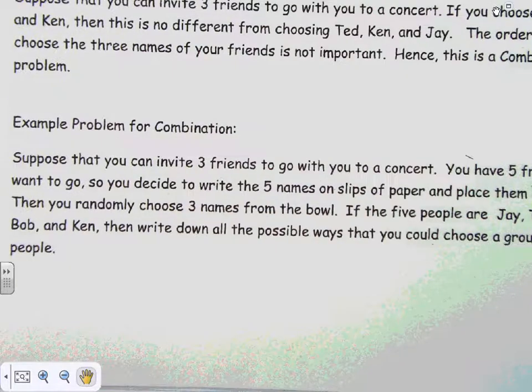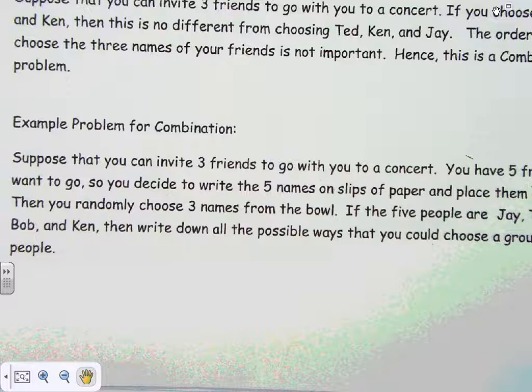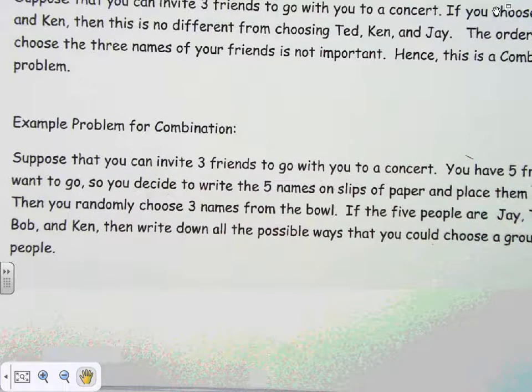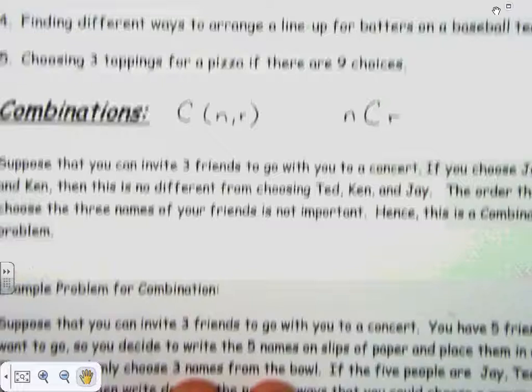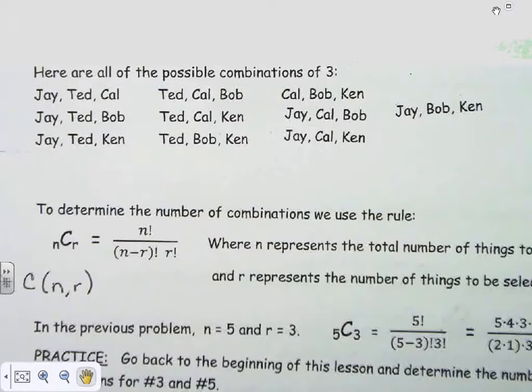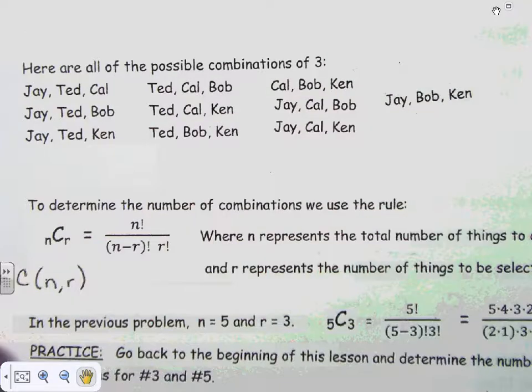If the 5 people are Jay and Ted and Cal and Bob and Ken, then you're going to write down all the possible ways that you could choose a group of 3 people. So you'd list, okay, it could be this person, this person, this person, but their order doesn't matter as long as you have all of the choices. And if you flip it over on the back, here are all of the possibilities.